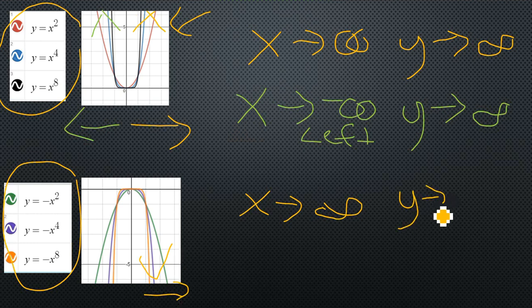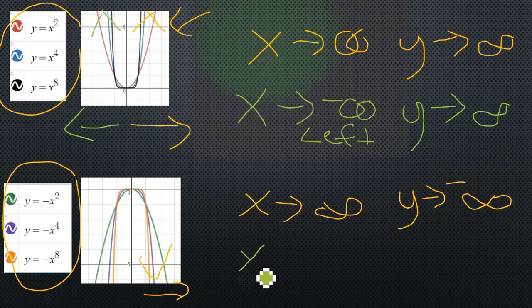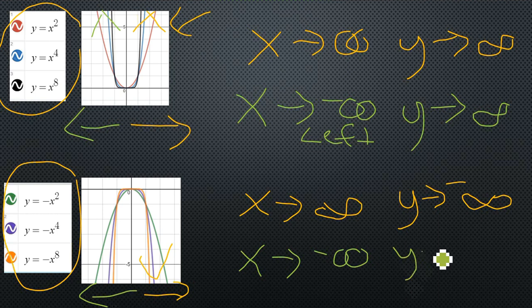So we say y approaches negative infinity. And as we look to the left, it has the same end behavior. And this will happen for all polynomials of even degree. They will have the same end behavior on both sides because they make either a U shape or a U shape with kind of a twist in it. So both of these go to negative infinity.